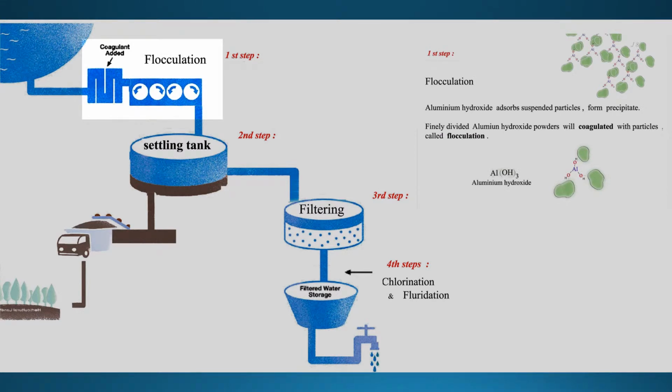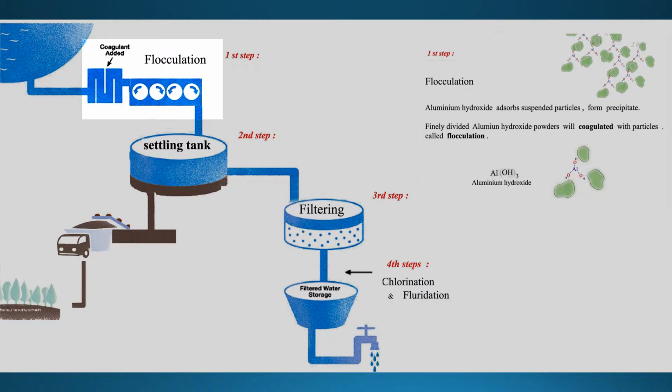Step 1 is called flocculation. What is flocculation? They're using aluminium hydroxide. If you look at aluminium hydroxide, aluminium is a 3+ particle and the OH is 1 minus, 1 minus, 1 minus.